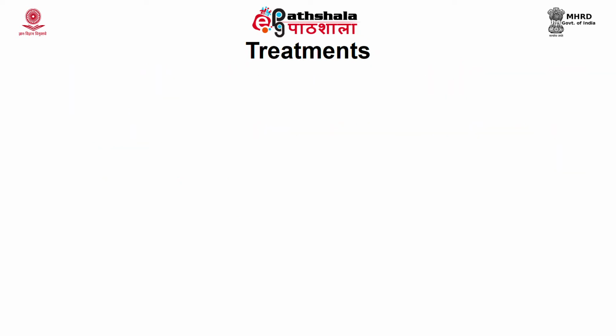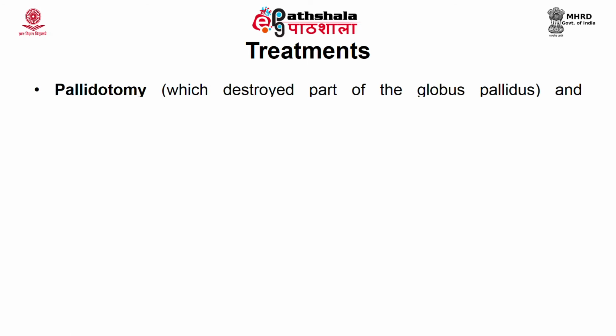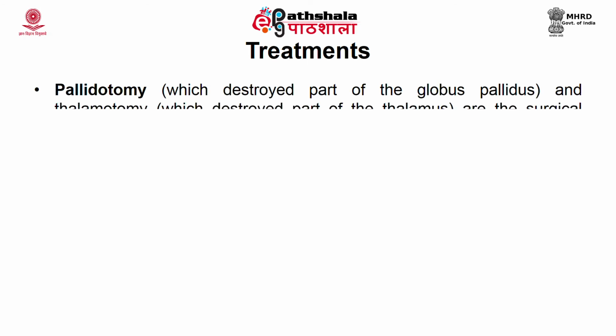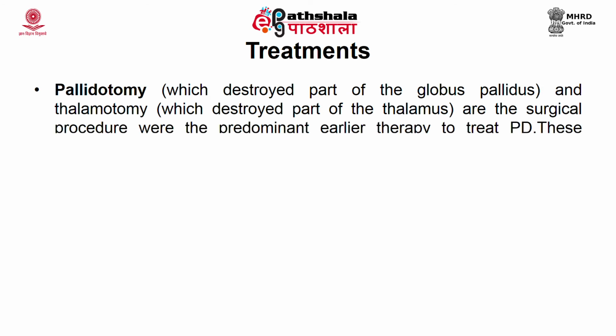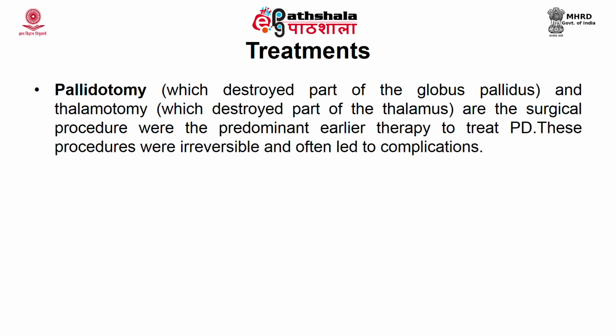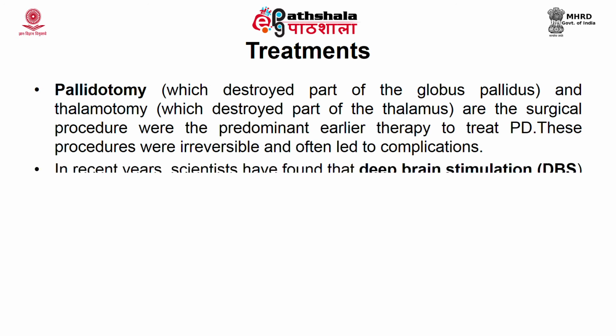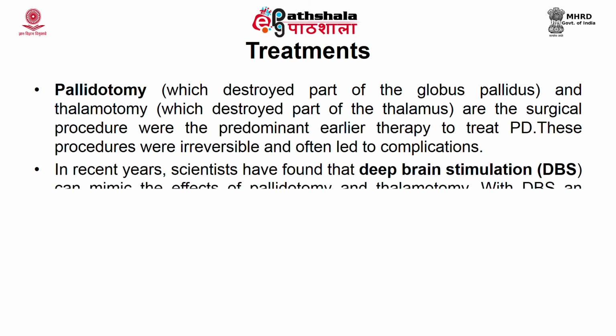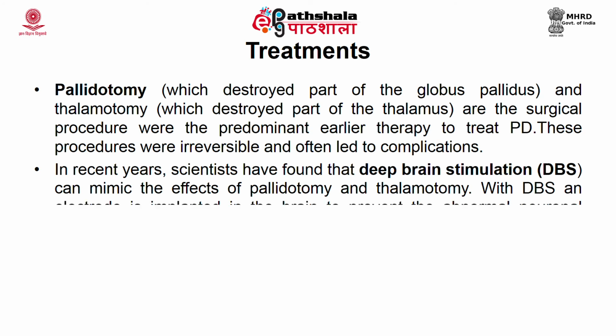The other mode of treatment includes removing the globus pallidus or parts of the thalamus. That helps to treat PD, but these procedures are irreversible and may lead to complications. So, scientists have found other methods like deep brain stimulation that can mimic the effect of pallidotomy and thalamotomy.